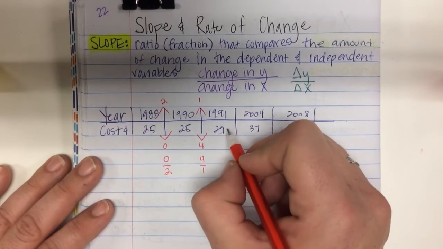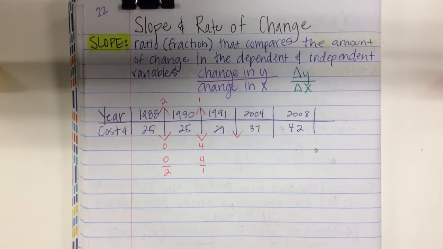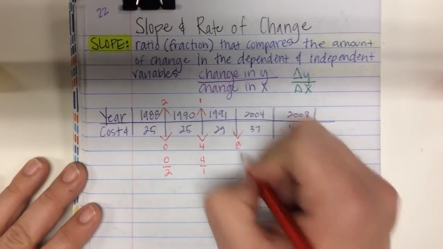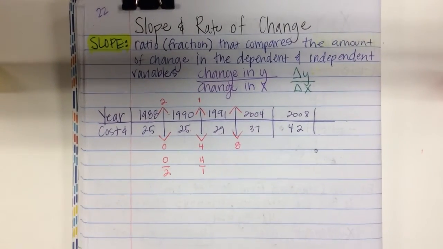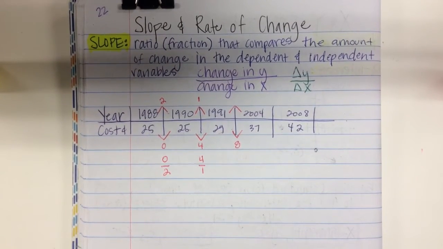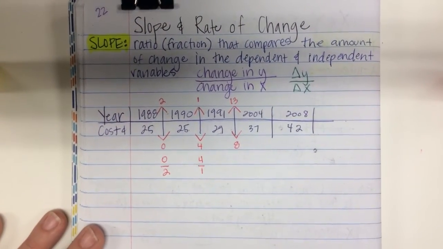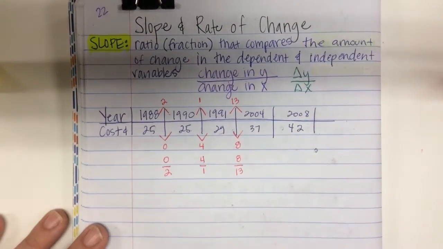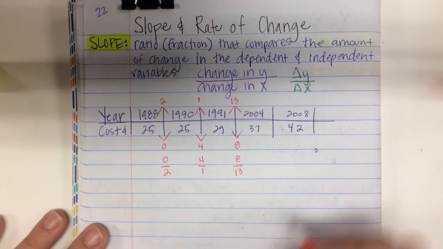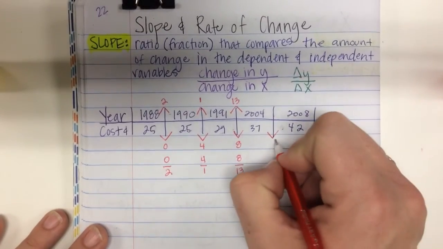What's my change from 29 cents to 37 cents? 8. And what's my change from 1991 to 2004? 13. So what's my slope? 8 over 13. From 37 to 42, 5.